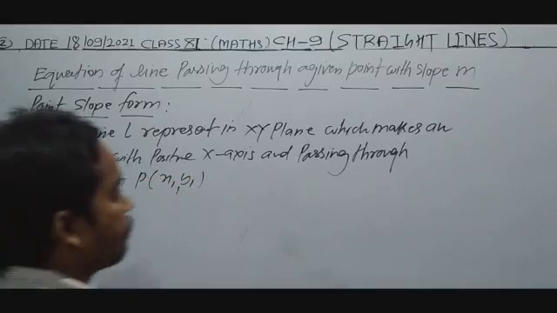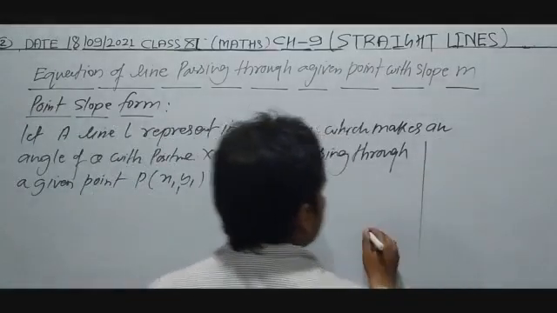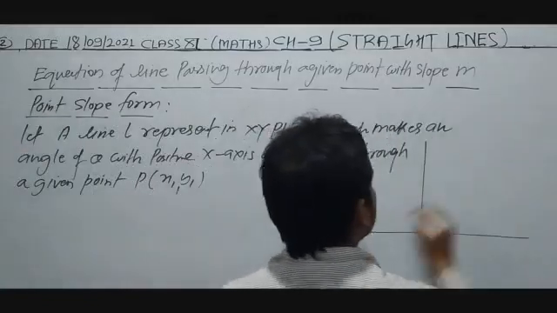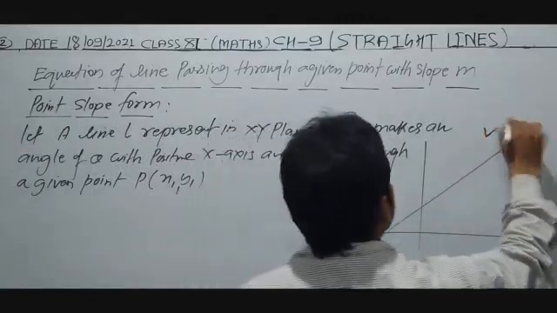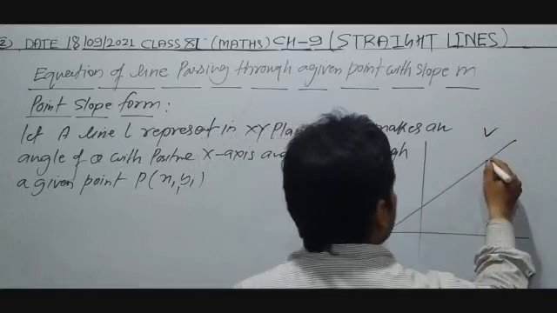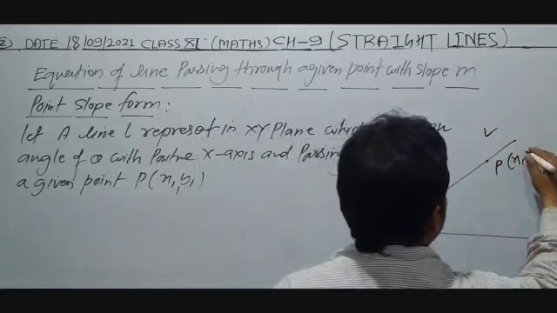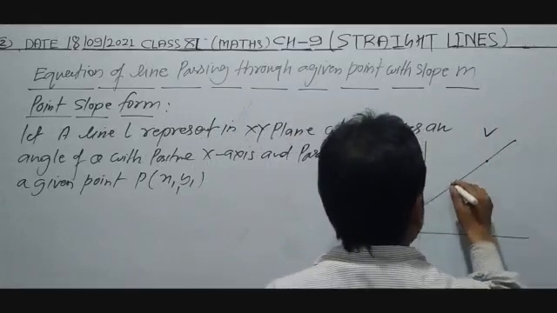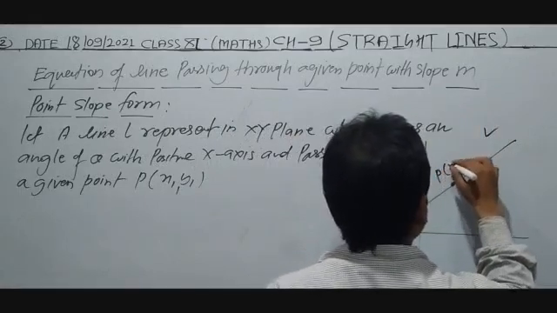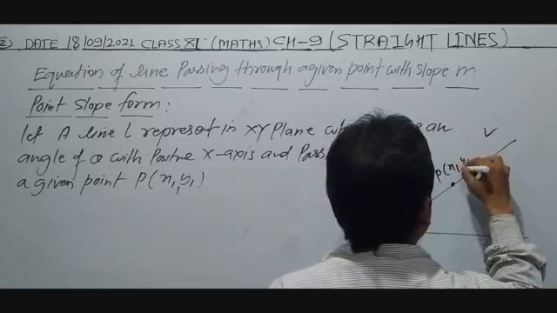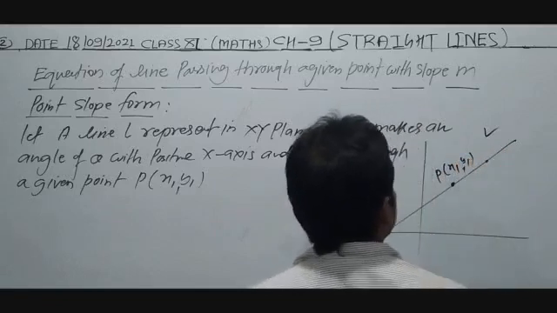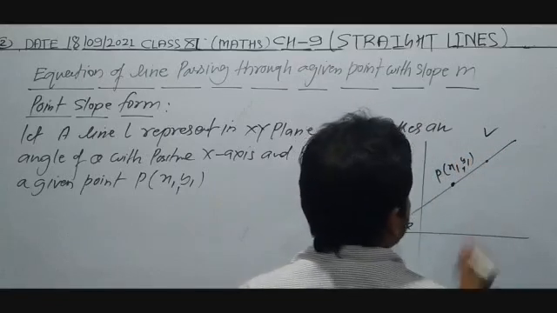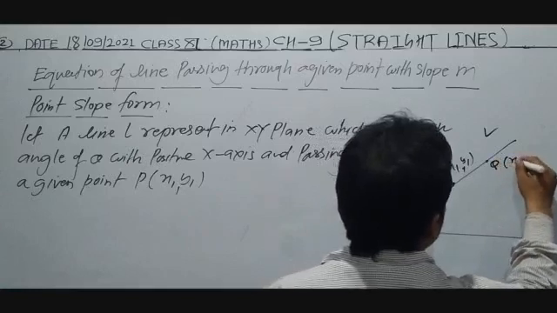Now suppose this is the line L passing through point P having coordinates x1 comma y1. Suppose this is point P, the given point x1 comma y1, and this line is making an angle theta, and this is Q, a variable point, suppose x comma y.